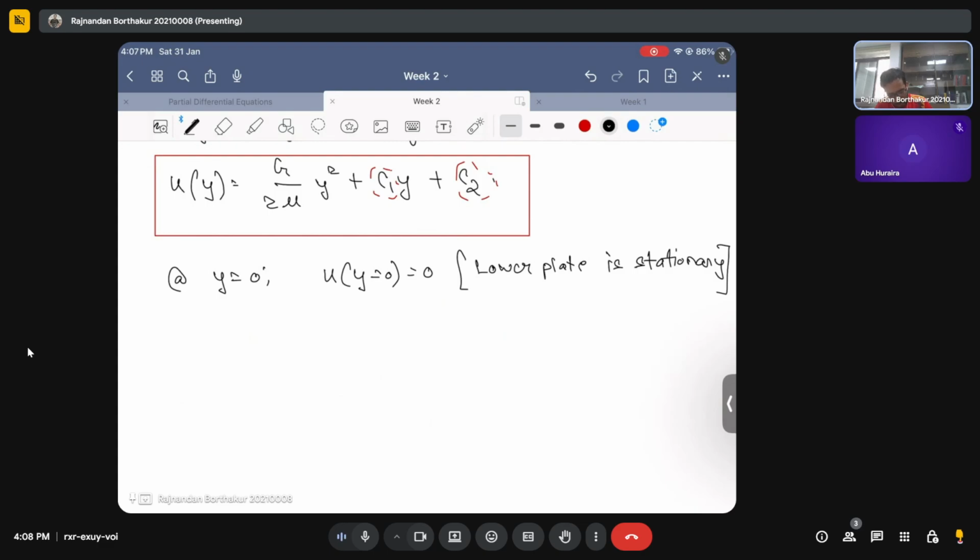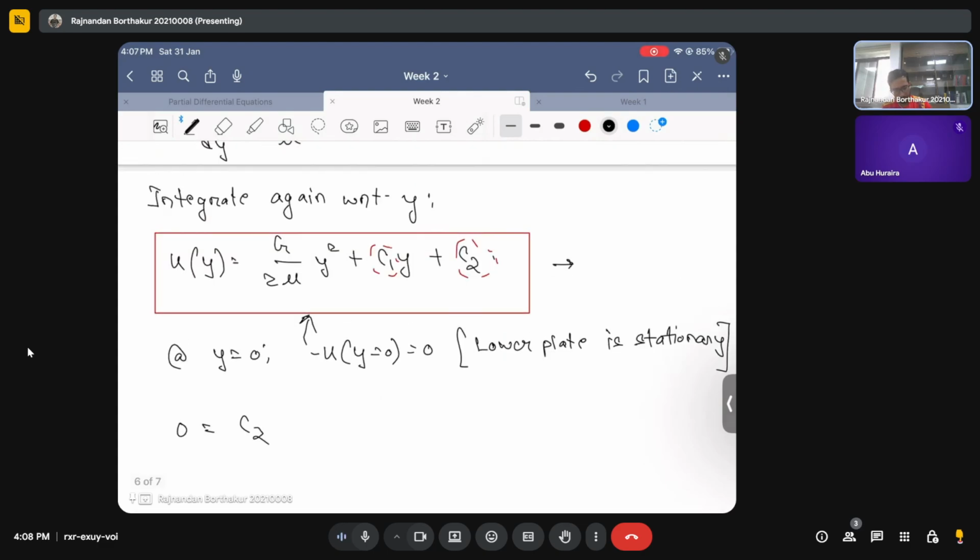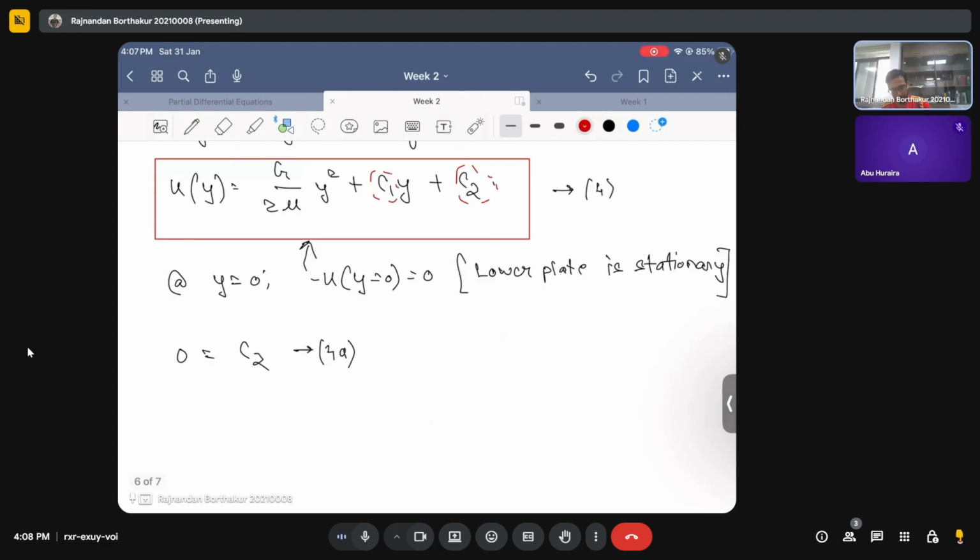If we use this in this equation, we'll get 0 equal to C2, so C2 is equal to 0. I'll name this 4a. So this is one constant that we got: C2 is just equal to 0.